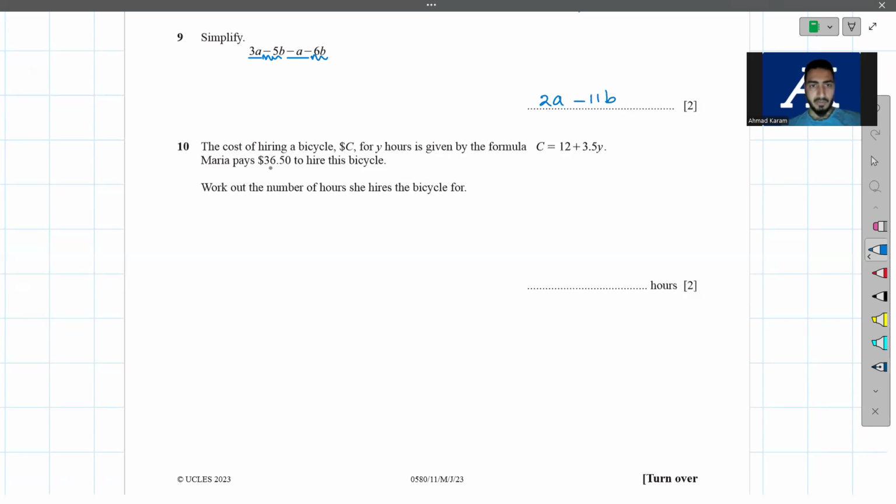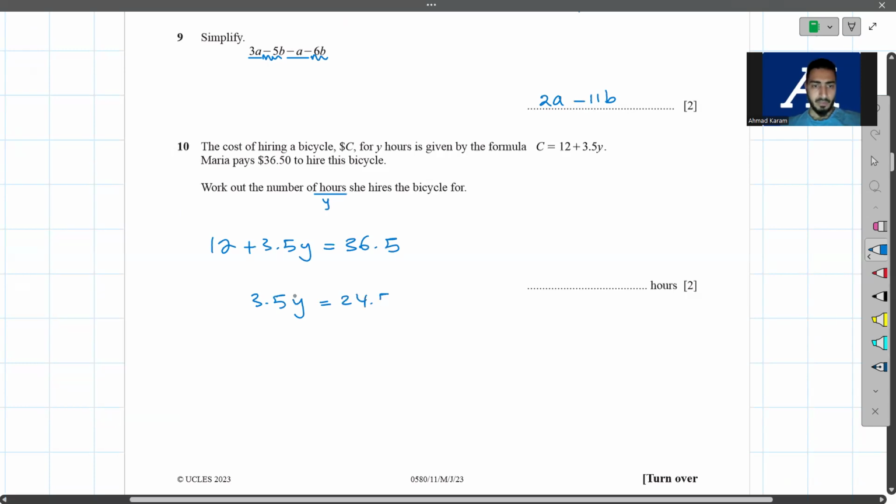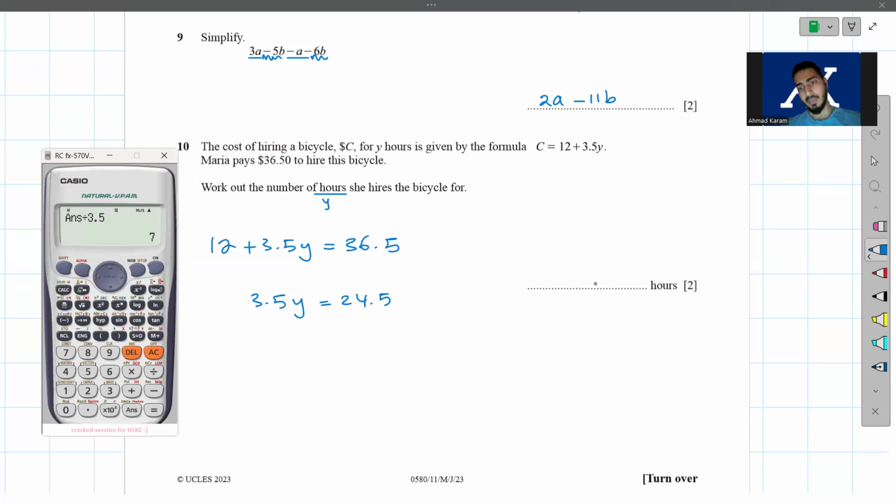Maria pays 36.5 to hire, so we need to get the number of hours, which is Y. So I'm going to write 12 plus 3.5Y, the total cost is 36.5, and then solve for Y. So 36.5 minus 12 is 24.5. Then divide by 3.5, so it's 7 hours.